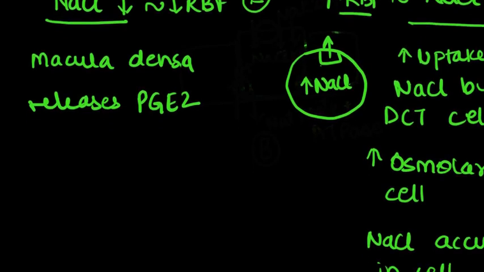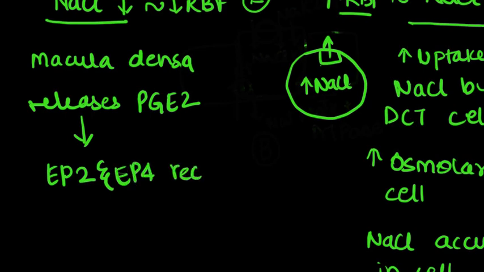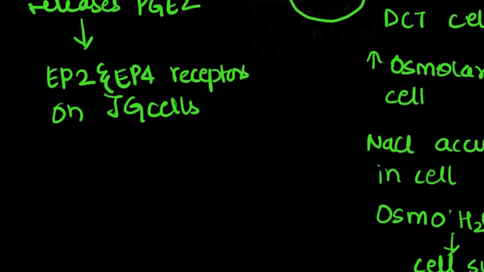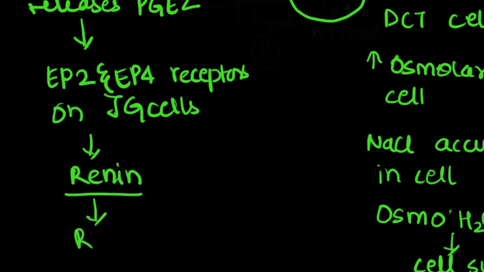This PGE2 will go and act on the EP2 and EP4 receptors, which are present on the JG cells, the juxtaglomerular cells, and will cause the release of renin. Once renin is released, this will activate the RAS system. I hope this is clear.